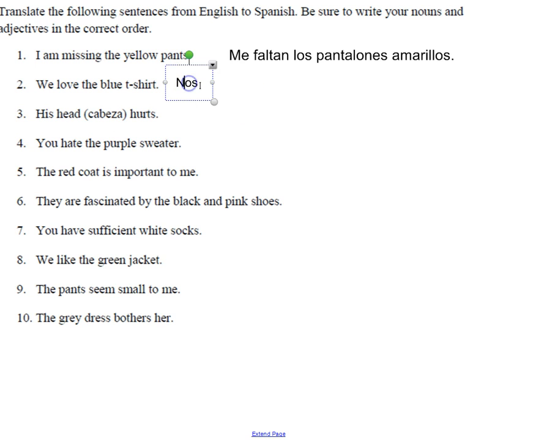Well, let's look at it right now. It says we love the blue t-shirt. So it looks like it's only one blue t-shirt. So why don't we just do nos encanta? The t-shirt, we go first. La camiseta happens to be feminine and singular, right? And so we have to match blue with azul. We don't have to do anything to azul. We just leave it like this.